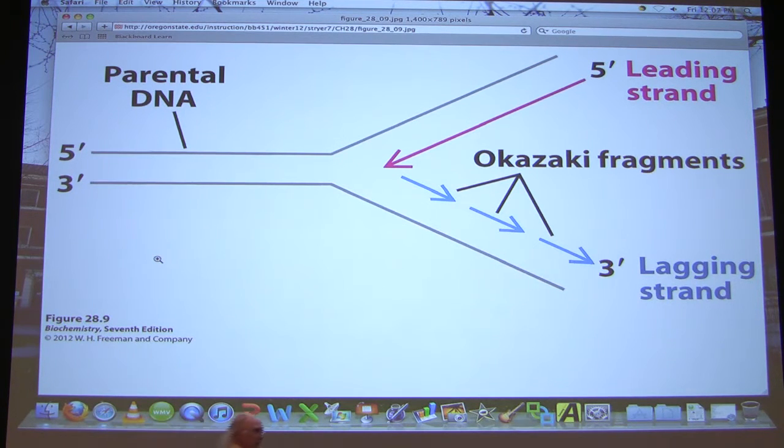Okay? DNA polymerase III does not have a 5' to 3' exonuclease. Right? Well, if we look at this, let's say instead of starting here, let's say I started here. Imagine that I had a DNA polymerase that attached itself here and said, oh, look, I can replicate from this 3' end because this is a primer. Right?